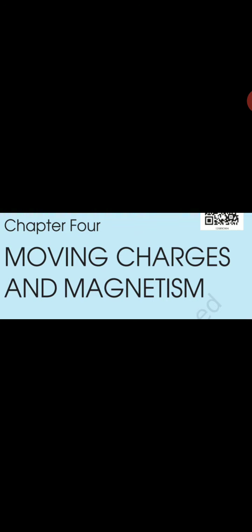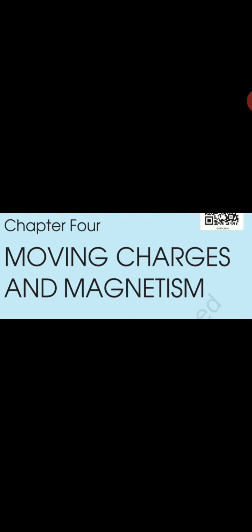So the basic reason for the generation of a magnetic field is the movement of a charged particle, that is the flow of the electric current. So the movement of the charged particle or the flow of the electric current is the basic reason for the generation of a magnetic field.